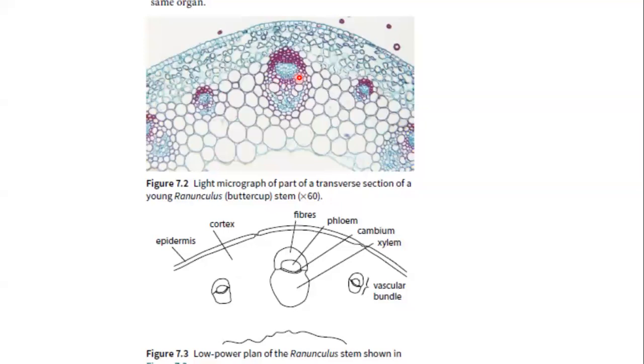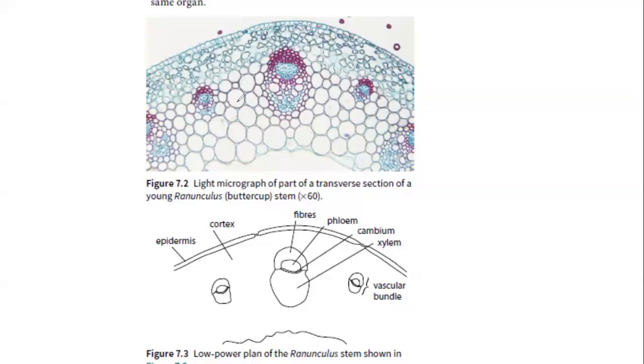Cambium are unspecialized cells that will differentiate to give you new xylem vessels and new phloem vessels. And then the cells that you see in between the vascular bundles are your cortex. So this is the structure of your stem.